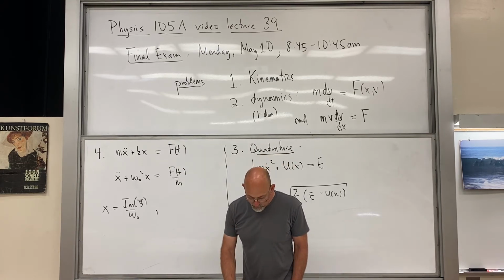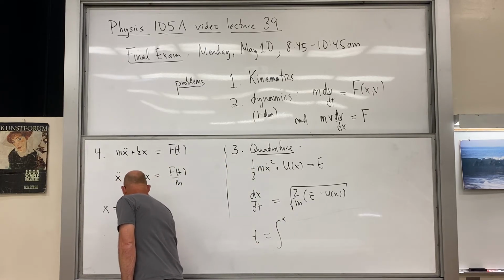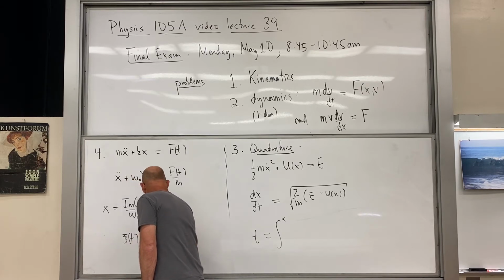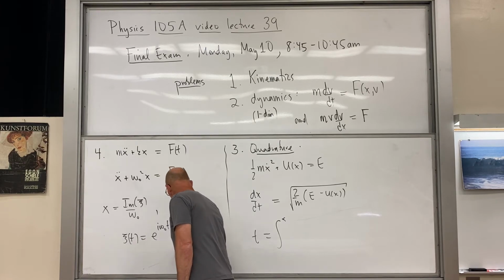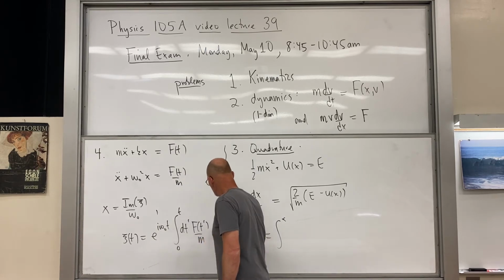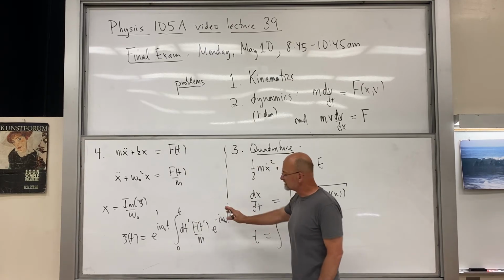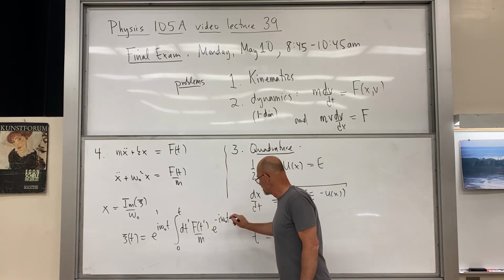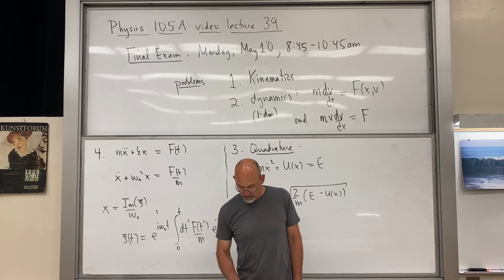So I'll put the formula up here: e to the i omega naught t, integral from 0 to t of dt prime f of t prime over m, e to the minus i omega naught t prime, plus a constant. So go ahead and review that material. That's a good one.